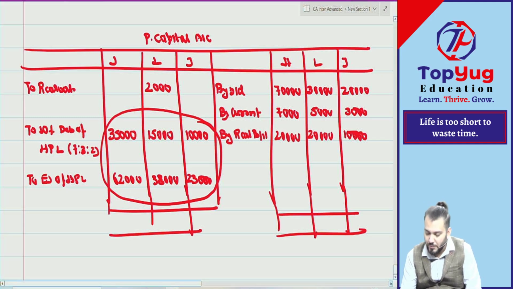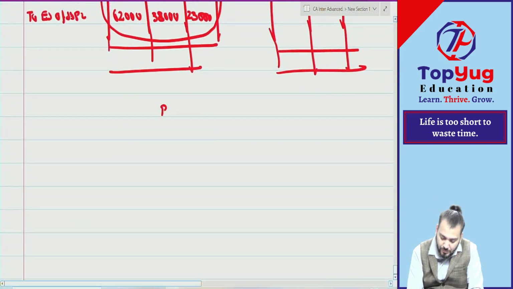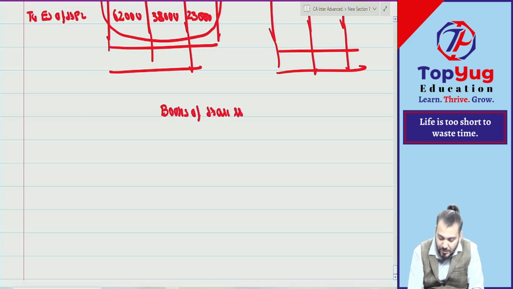Understood. Now we'll do it in the books of what? Books of Hari Limited. They have asked you to prepare two accounts. One is which account? Business purchase account.